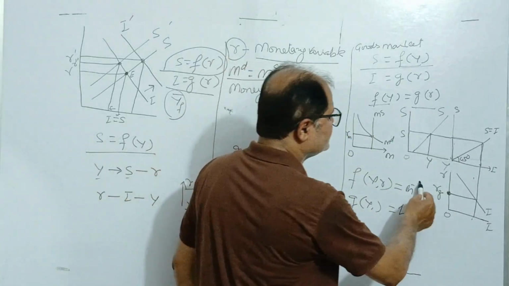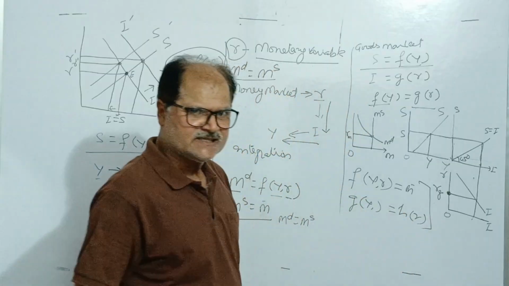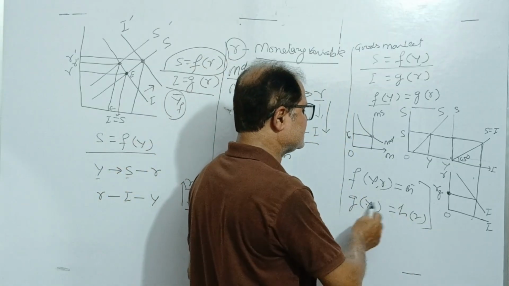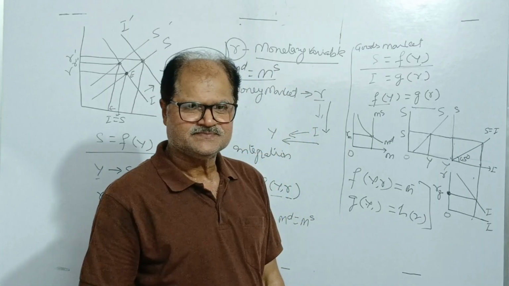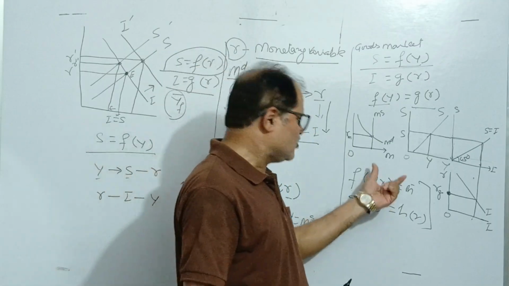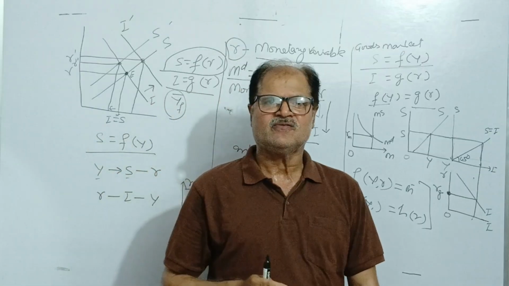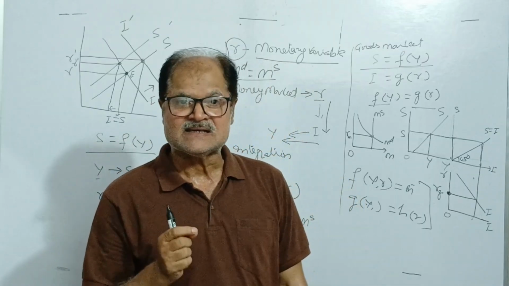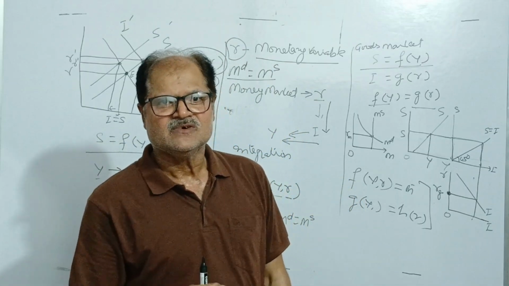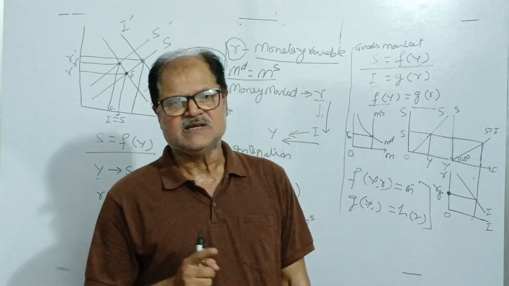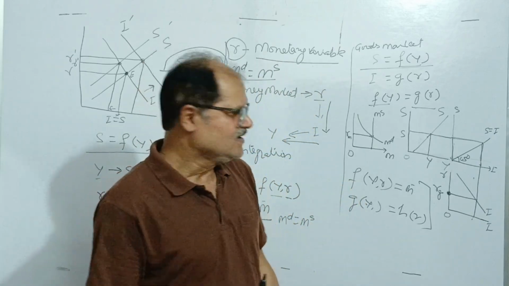Now see, there are two equations with two variables, income and rate of interest. If we solve these two equations, we can have unique values of income and rate of interest, which give equilibrium in goods market and money market simultaneously.